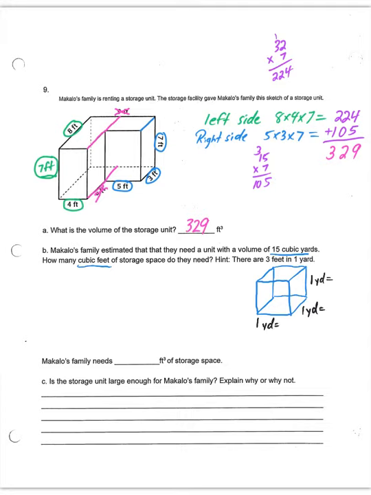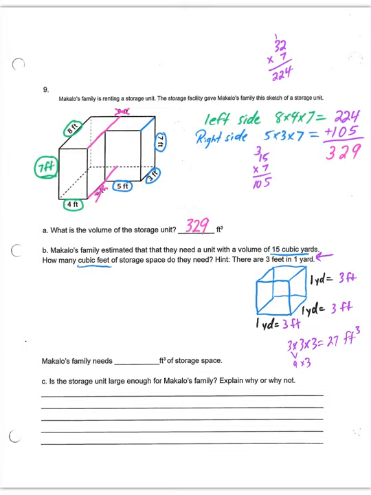Well, now the question wants us to turn this to feet. This is not a very difficult thing because it tells us right here that 1 yard is 3 feet. So we go 3 feet by 3 feet by 3 feet. So 1 cubic yard is actually 3 times 3 times 3, which equals 9 times 3, is 27 feet cubed.